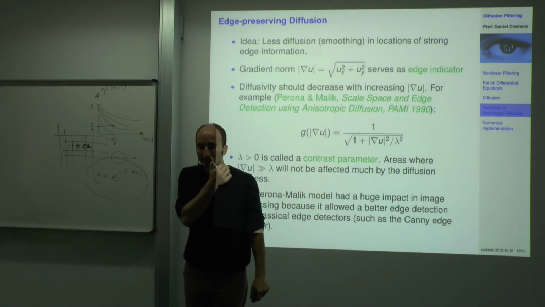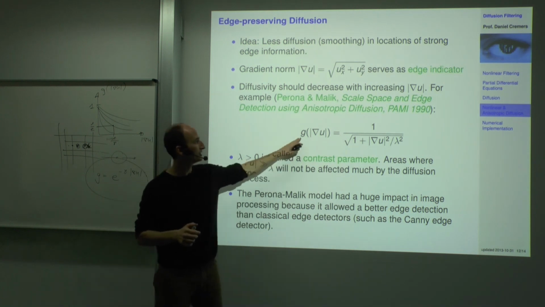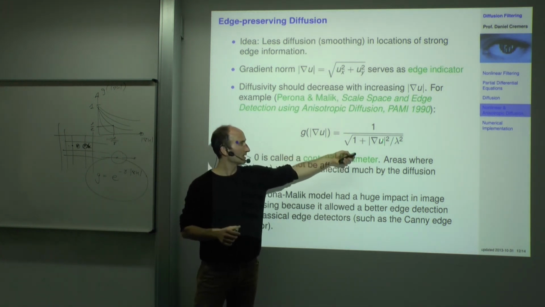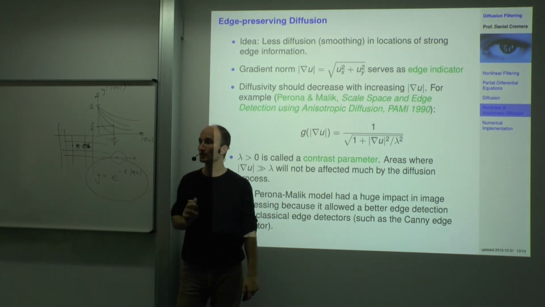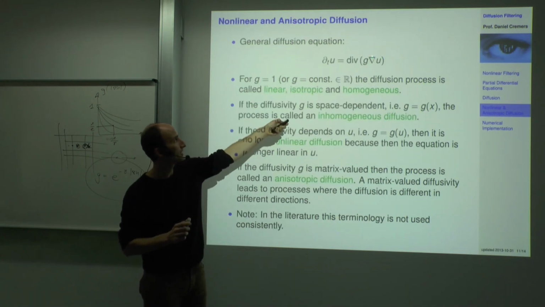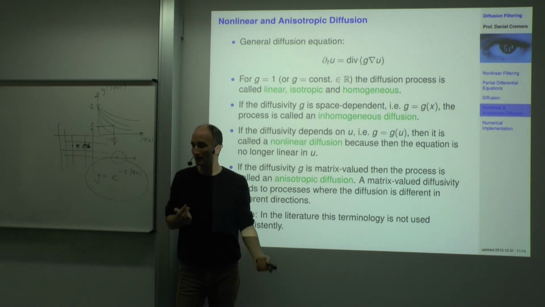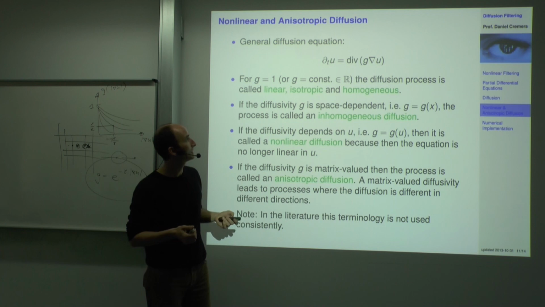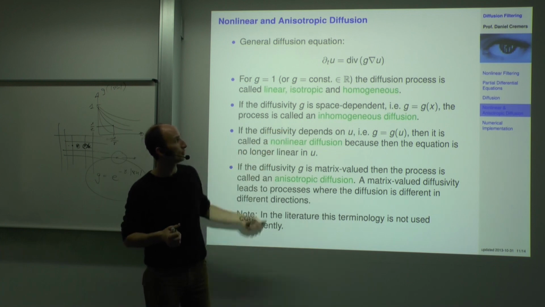This is a very different process from a mathematical point of view, because if you have a G that depends on the input image but not on U, it's still a linear diffusion process, because the nonlinearity is with respect to U, of course. If G doesn't depend on U, but only on F, whatever your input image is, then it's a linear diffusion process, but an inhomogeneous one.